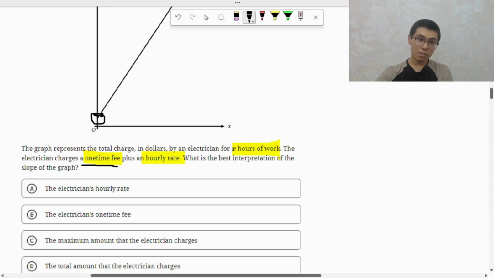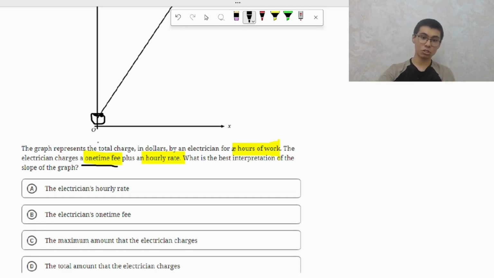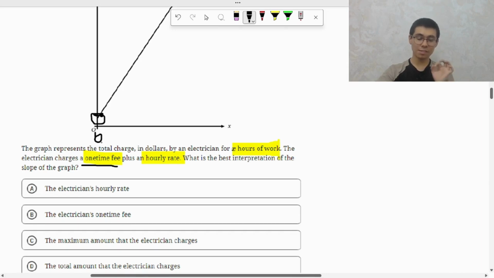So this is when the amount of hours that electrician worked is zero, right? The amount of hours he worked is literally zero. And in this case, he has to pay a one-time fee, and this is y-intercept.